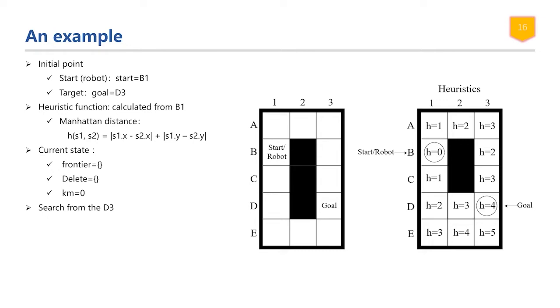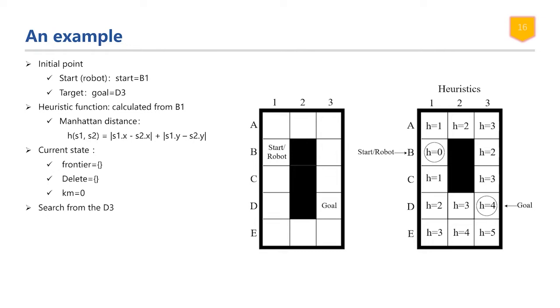The robot can sense the map within a unit distance around it. Heuristics is the heuristic value of the robot at the reachable grid point, and the heuristic function is the Manhattan function. Frontier contains vertices that have been expanded. Delete contains vertices that have been deleted.